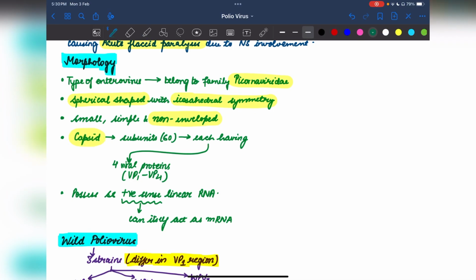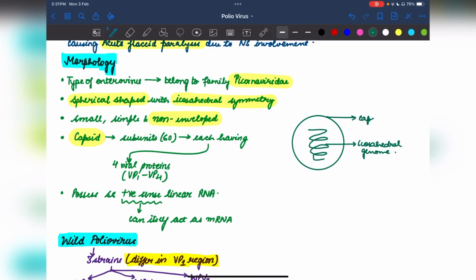Let me give you a diagrammatic representation. Consider that this is a capsid, and inside there is the icosahedral genome. This is looking like helical, but consider it as icosahedral. This is the nucleocapsid.